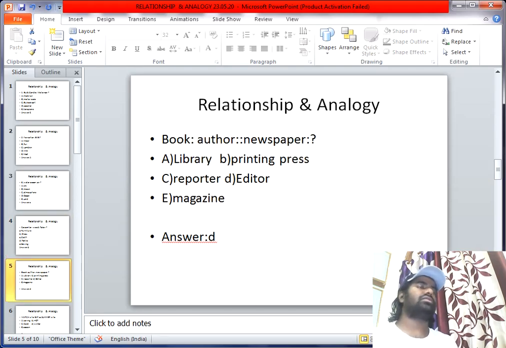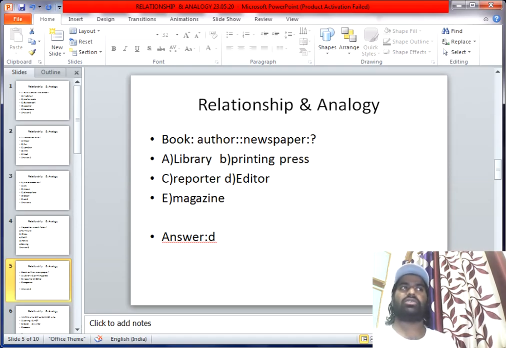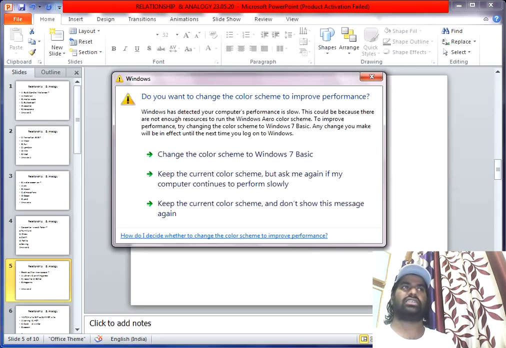So the next one is book, author, newspaper: library, printing press, reporter, editor, magazine. Here it's a tricky question. You might see that reporter and editor are in the same plane, since a reporter also writes a column, but the thing is that a book is finalized, written and controlled by the author, and a newspaper is controlled by the editor.